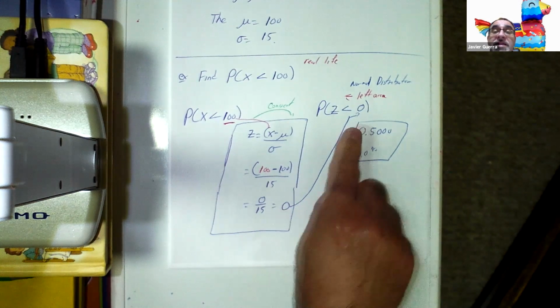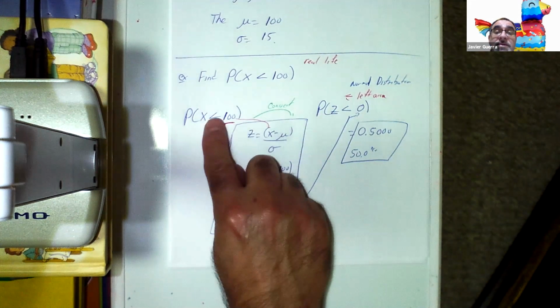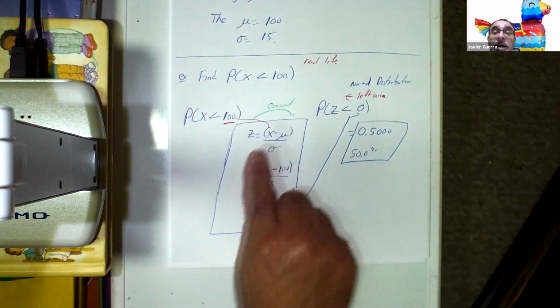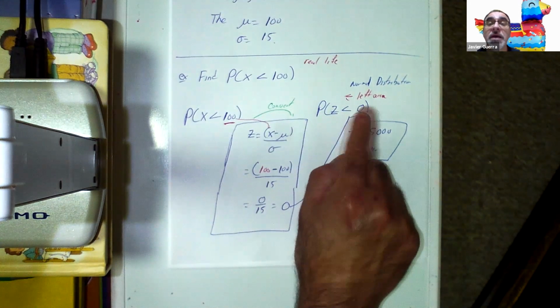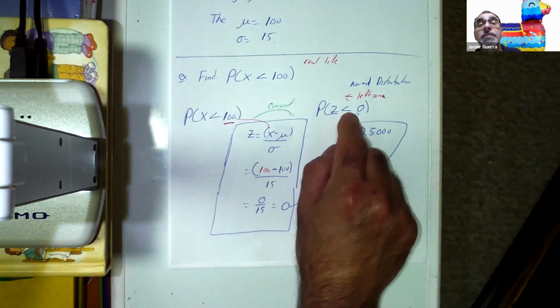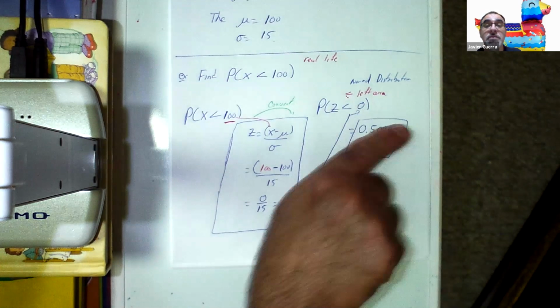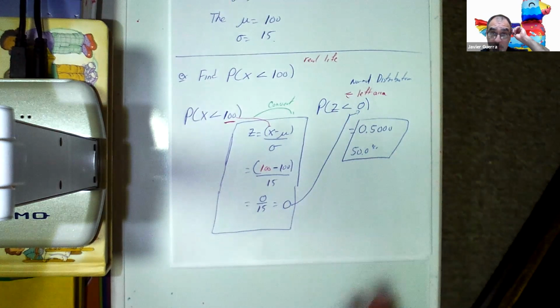You write your probability statement again, but instead of writing the x, you're going to put a z, keep the symbol, and you're going to put the answer that you got from the box right next to that symbol, and then you look it up in StatDisk and recall what the inequality symbol meant. If it's less, it's left area. If it's greater than, it's right. If it's in between, then we have to find the left areas of both numbers. So that's how it works.